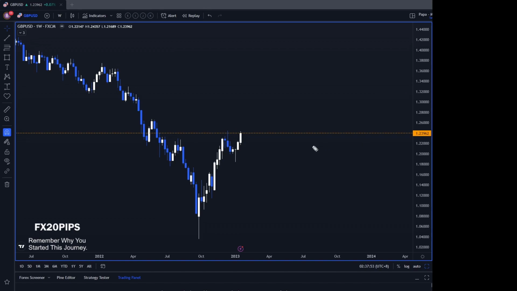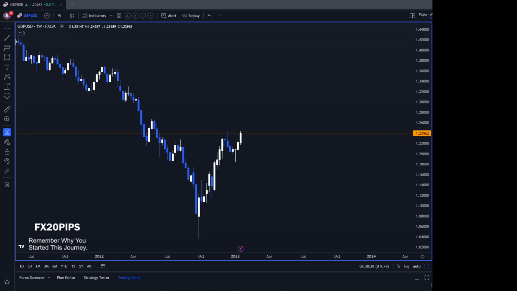So this coming Monday, Tuesday, Wednesday, Thursday, Friday, if the price can maintain a bullish follow through to close above this high here, then we can safely aim for higher targets for GBPUSD. Right.